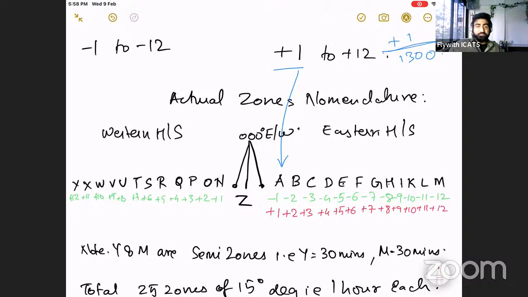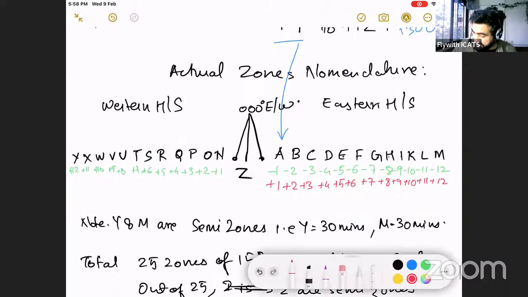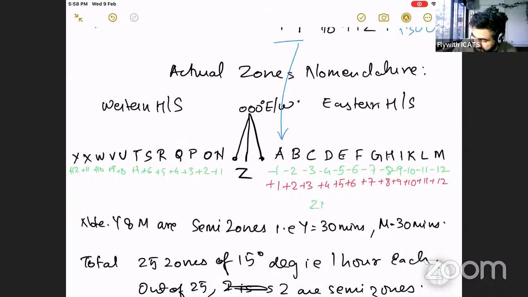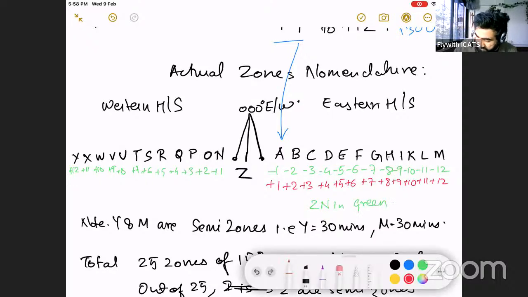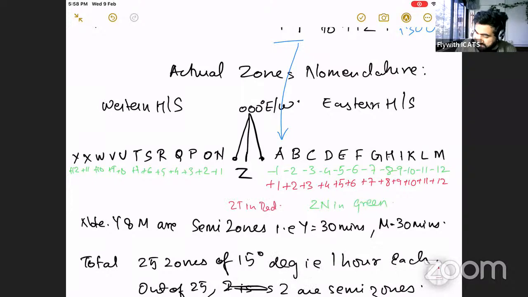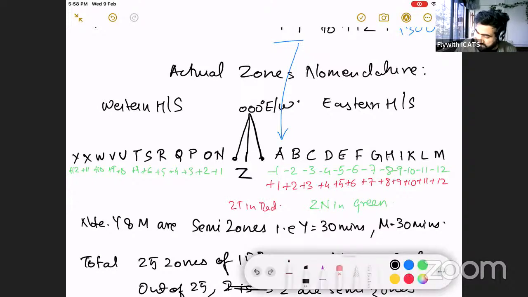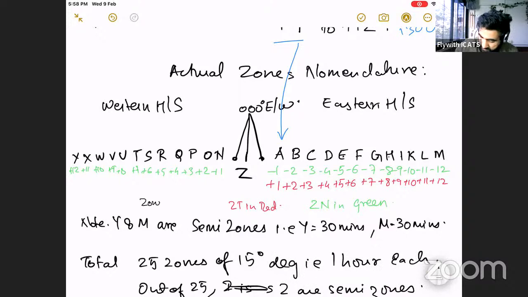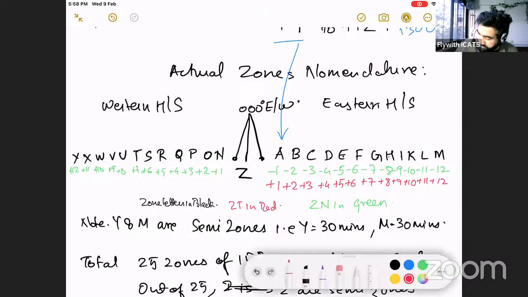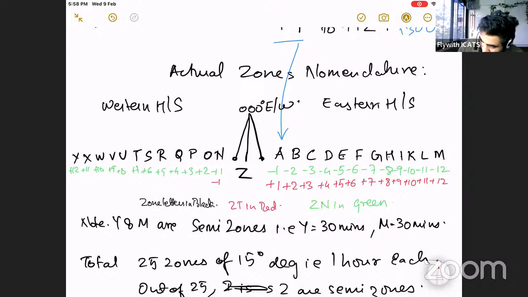They all are the same. Zone Alpha, zone number -1, zone time +1. They all are denoting a time for that same place, is what I'm trying to say. Okay, students, please remember this. Zone number in green, zone time in red, zone letters in black. -1, -2, -3, -4.